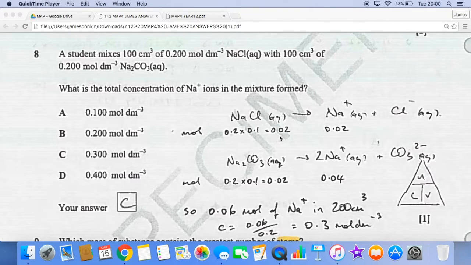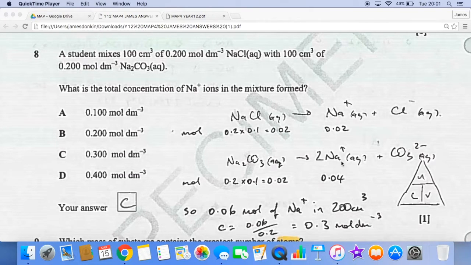So there are 0.02 moles of sodium chloride, which means there are 0.02 moles of sodium ions coming from the sodium chloride. The sodium carbonate has the same concentration and volume, so the same number of moles of sodium carbonate, but because it's Na2CO3, there would be double the moles of sodium ions in the mixture from the sodium carbonate, so you can see that's 0.04.